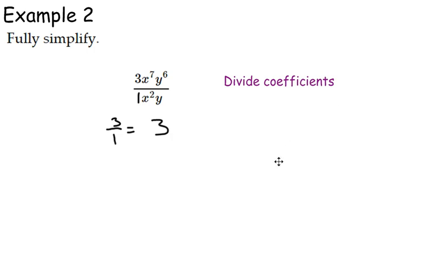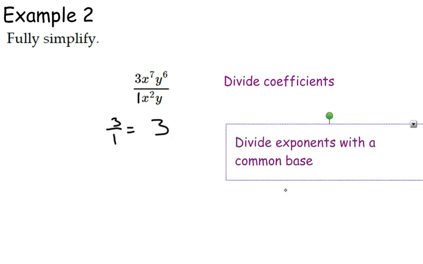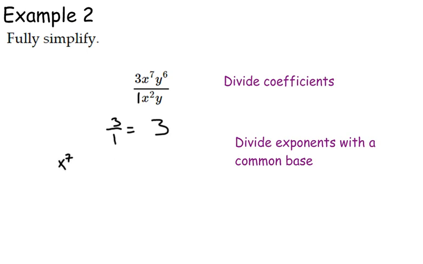Next, we're going to divide exponents with a common base. So we're going to go ahead and divide x to the 7th by x to the 2nd, because those are the common bases. And that's going to give us x to the 7 minus 2, which is equal to x to the 5th. And we got to divide the other exponents with the common base.